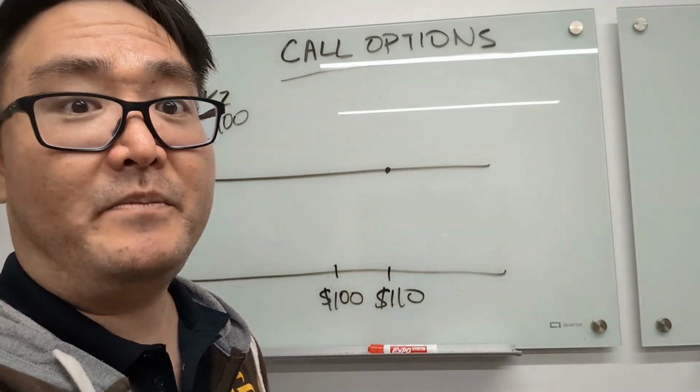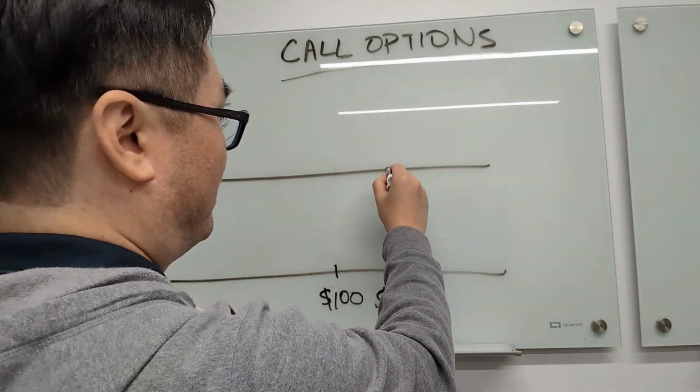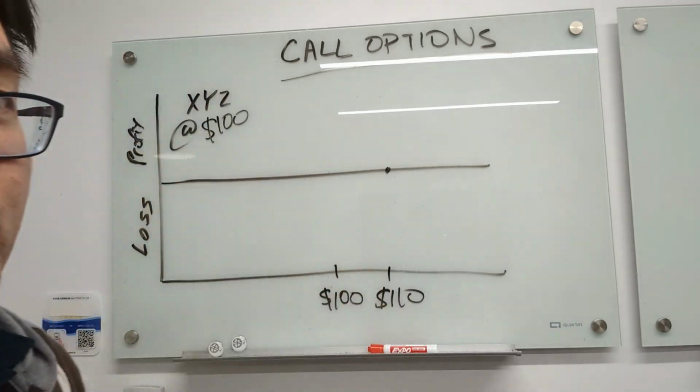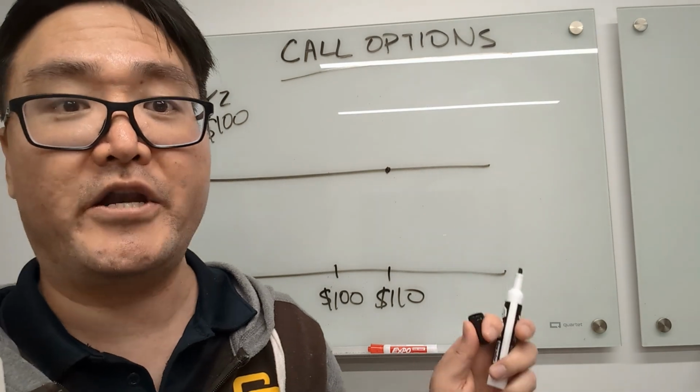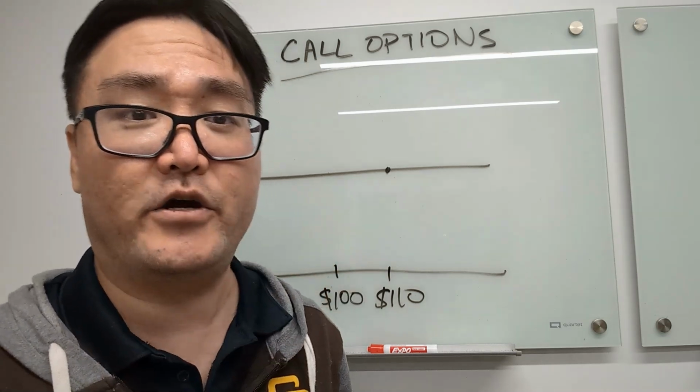You add the premium to your strike price to get your break-even point, meaning that XYZ stock has to go up to $110 for you, as a call buyer, to break even.